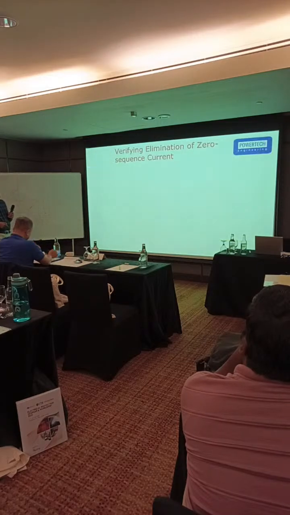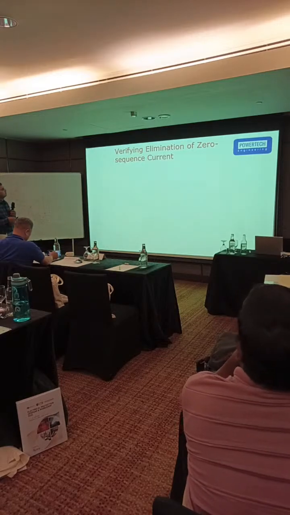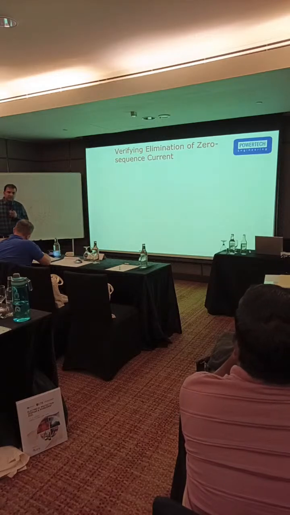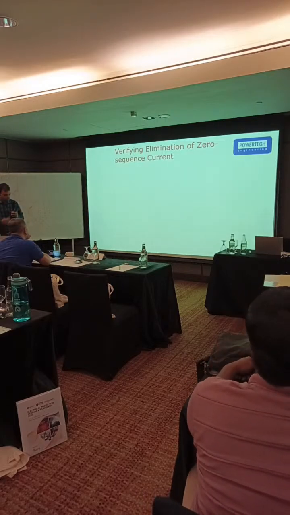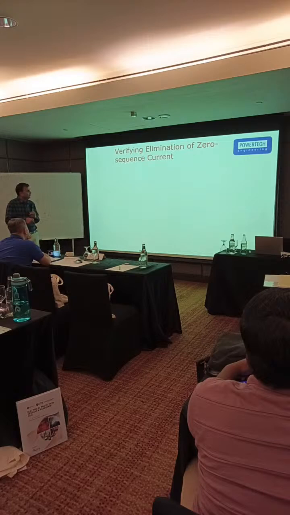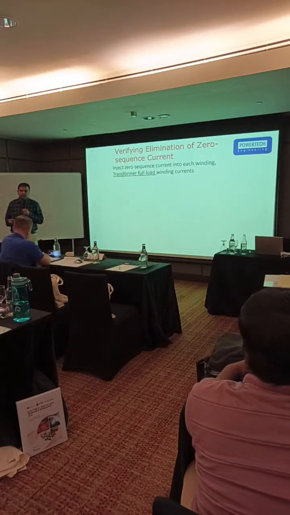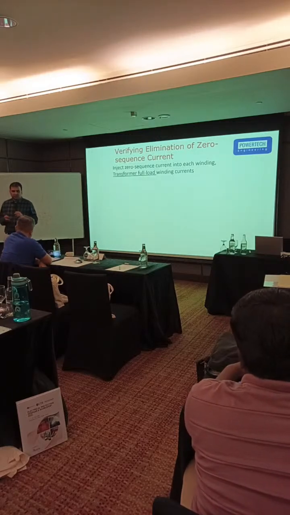Testing. Now, a few more points, verifying elimination of zero sequence current. This is the most complex thing when you are testing transformer differential protection. How will you verify whether the zero sequence elimination is active or not?